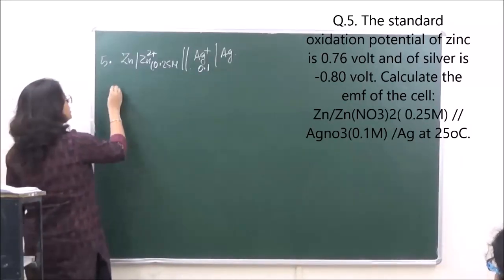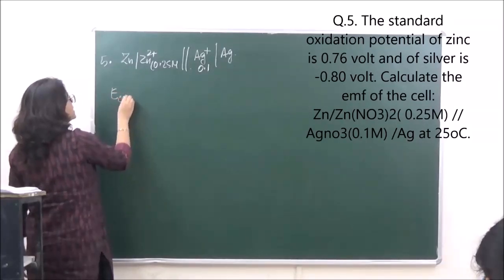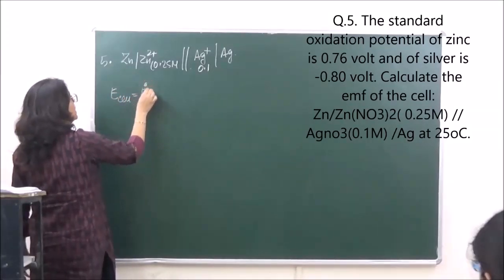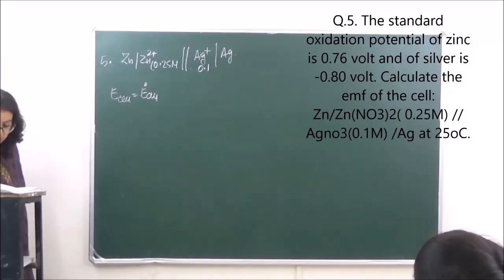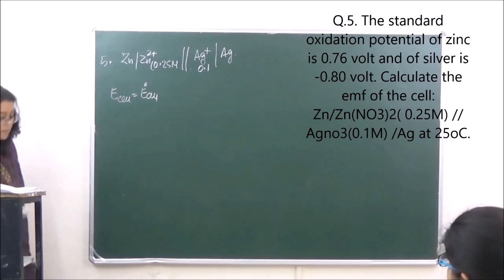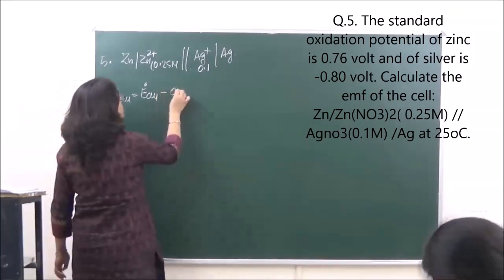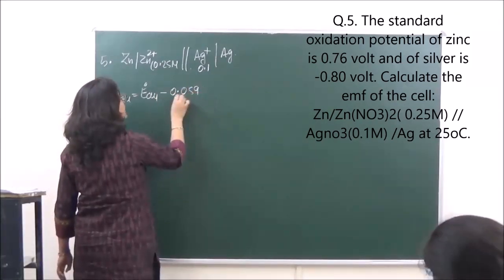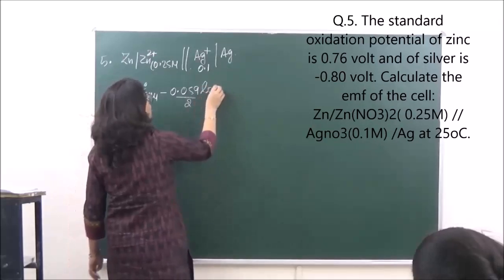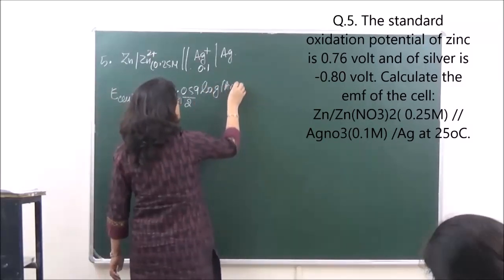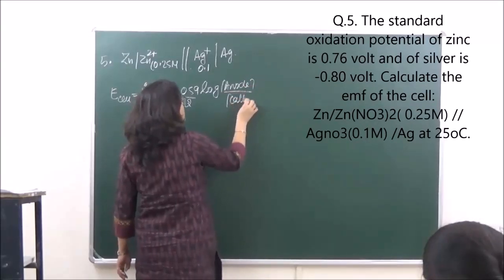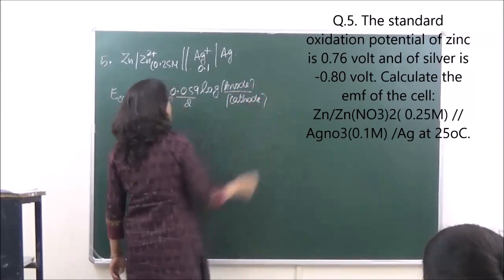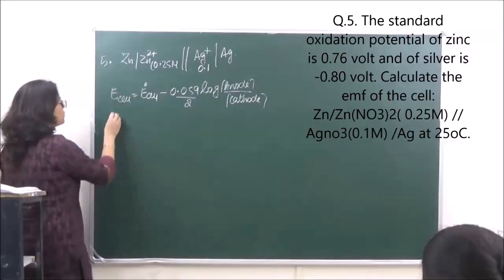We have to put the first equation. E cell is equal to E naught cell minus 0.059 upon 2 log of concentration of anode upon concentration of cathode. Now in this case we have to first calculate E naught cell, which is not given to us.